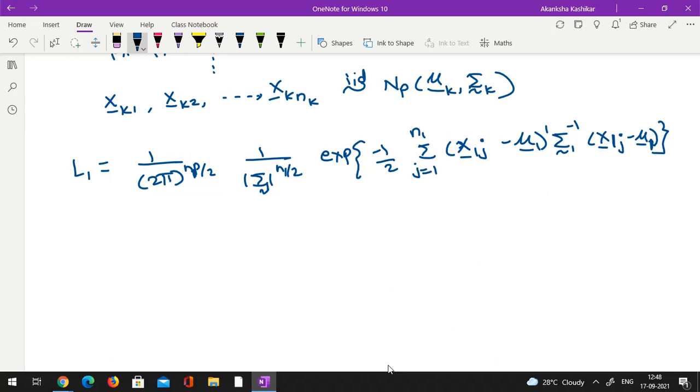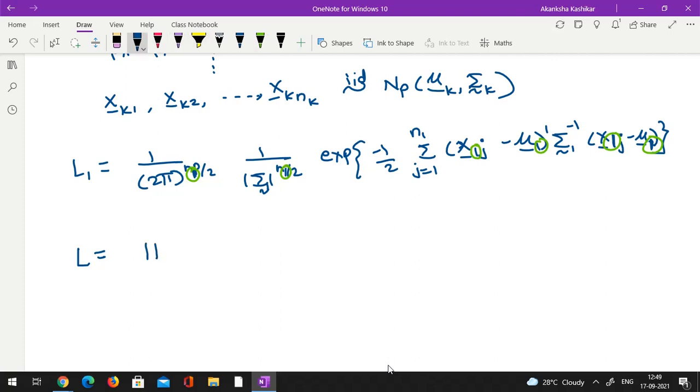Okay. So now when I want to write the joint likelihood, right now I have sum over j, but when I write the joint likelihood, this 1 is also going to vary because I'll have to put 1, 2, 3 up to k and take the product over that.